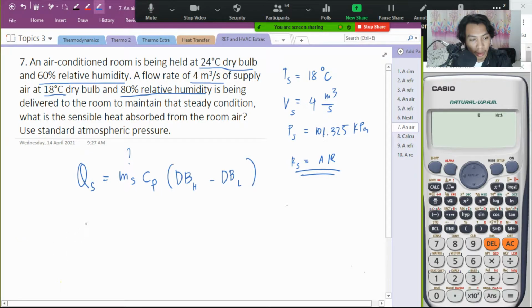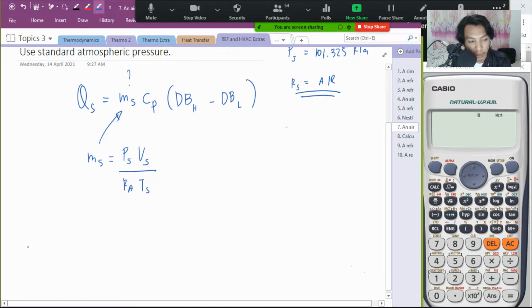Okay? The mass of the supply air is equal to P nung supply, volume nung supply, R nung air, tapos yung temperature nung supply. Okay, ipasok natin to dito, para makuha natin yung sensible heat. So, QS is equal to PS, VS over yung R ng air.